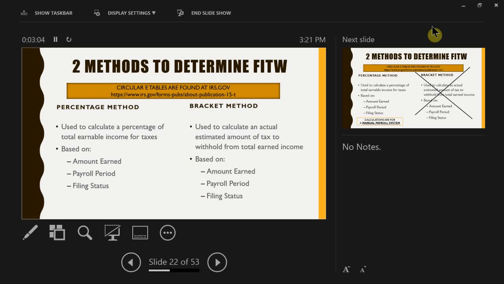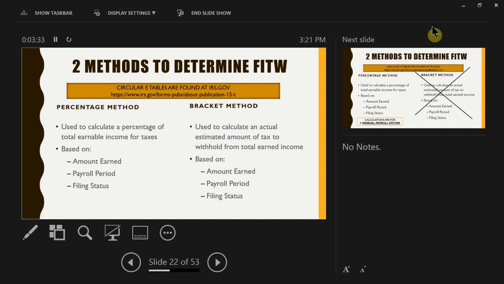Then you're going to get what's called an adjusted wage. Then you're going to take that number and look in your chart to see which percent you fall in, and I'll tell you how to calculate that in a second. It's going to be based on, one, the amount that you earned, two, what kind of payroll period you're on, and lastly, what kind of filing status.